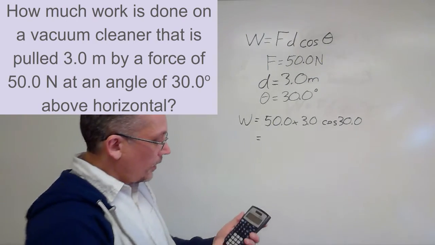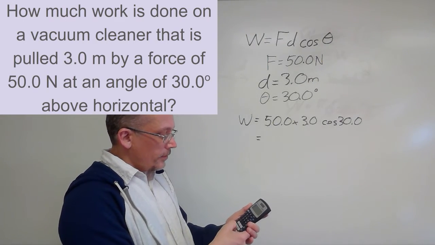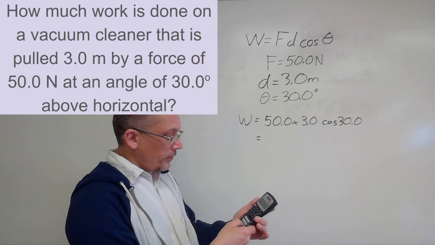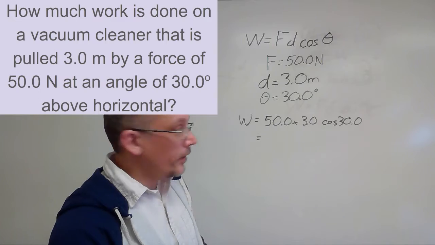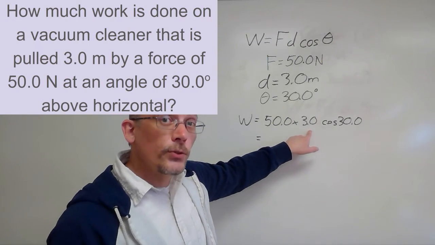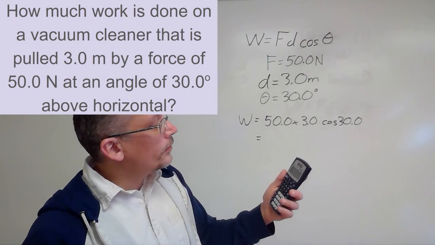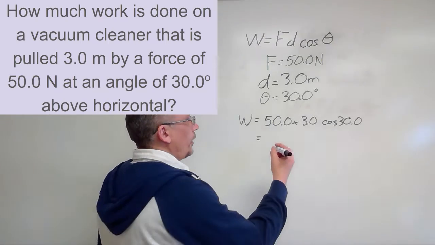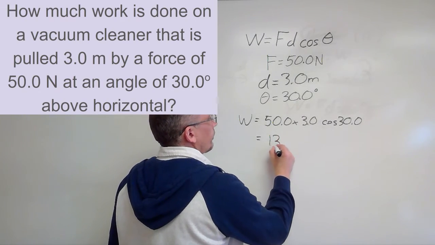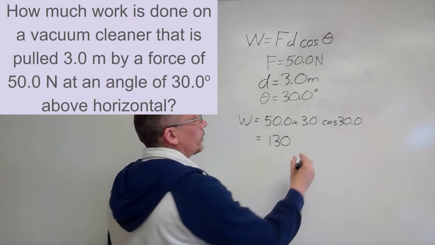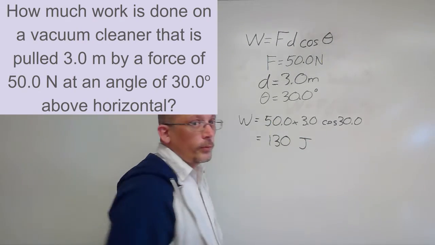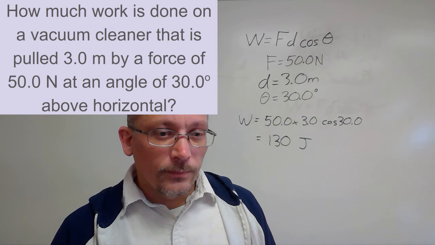I got 50 times 3 times the cosine of 30, and I need two significant figures because 3.0 only had two significant figures. So I'll round this off to 130. And what unit should I put on that? Of course, for work, it will be in joules.